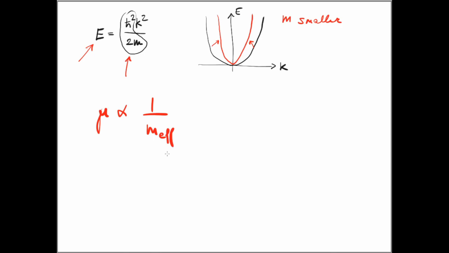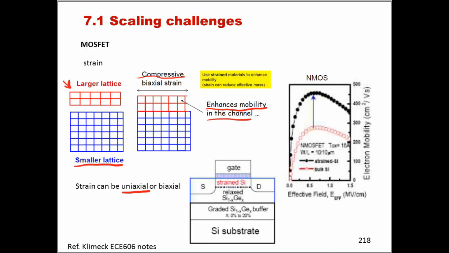This means that reducing the effective mass effectively means that we are increasing the mobility. And this process can actually produce huge increases in mobility. You can see here an N MOSFET where a strain has induced a doubling effectively of the mobility values at several electric fields.